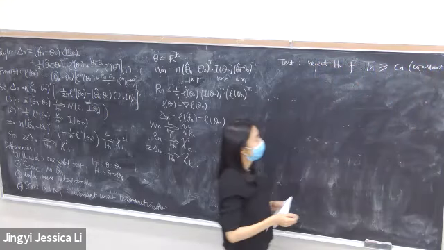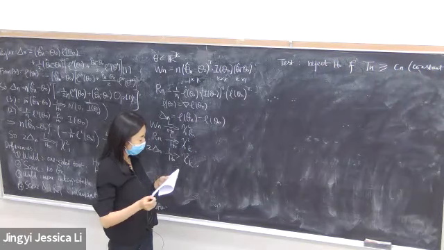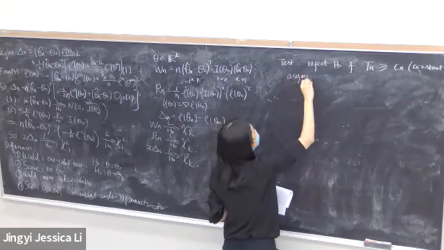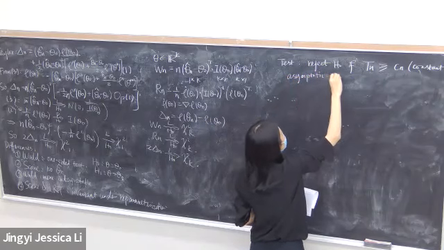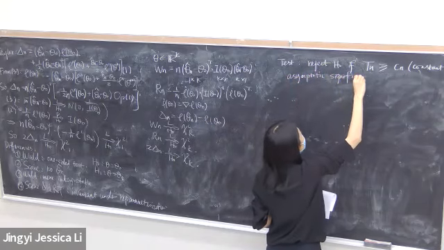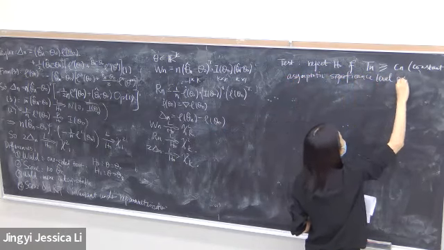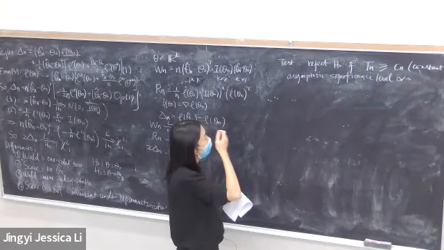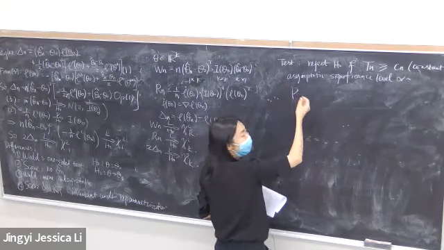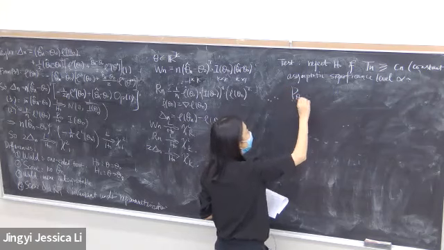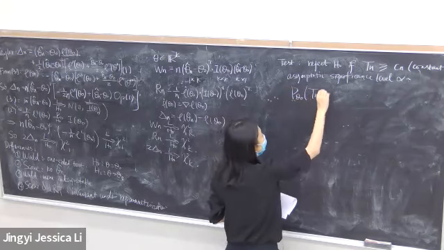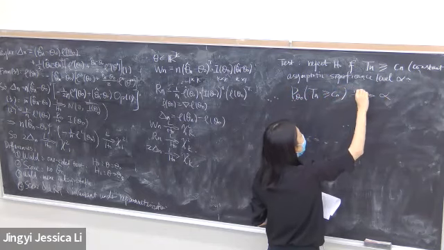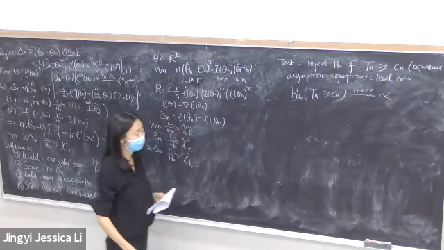And here it depends on the sample size, we know that. In this case, if we want the test to have asymptotic significance level alpha, what we need is that the probability under the null hypothesis, theta 0, that this test statistic is greater or equal to the constant must converge to alpha as n goes to infinity. This is what we need this test to satisfy.